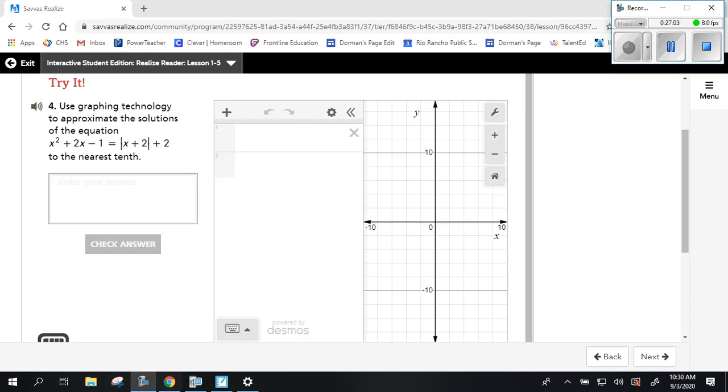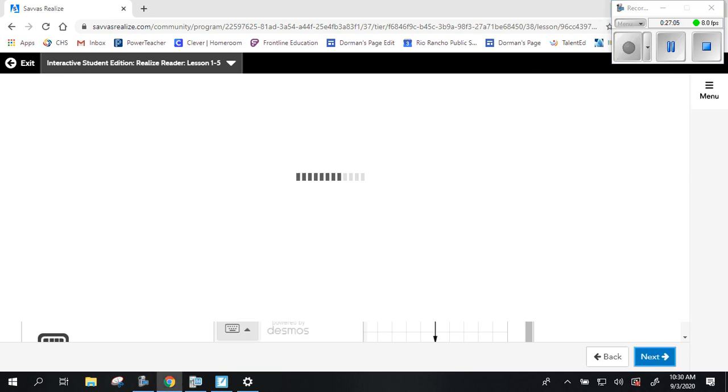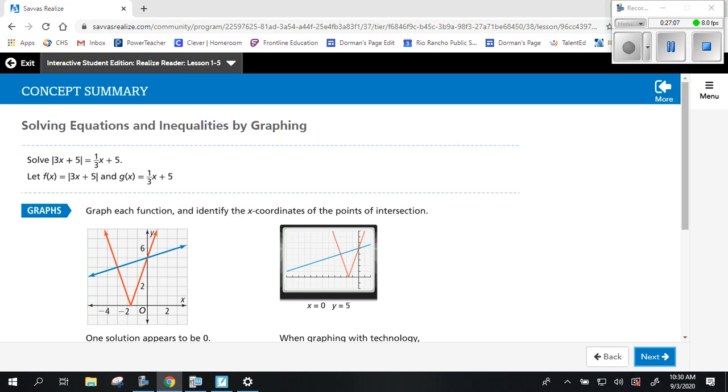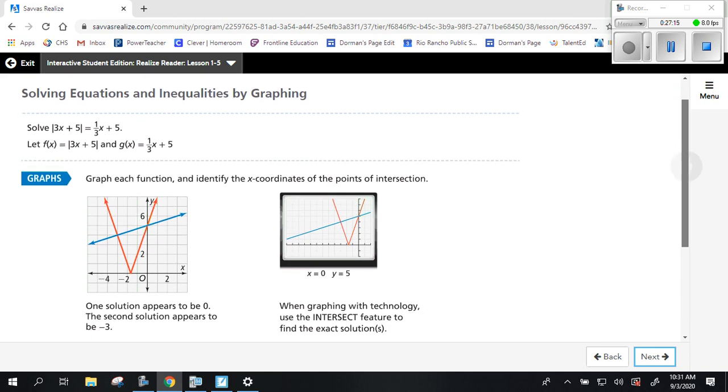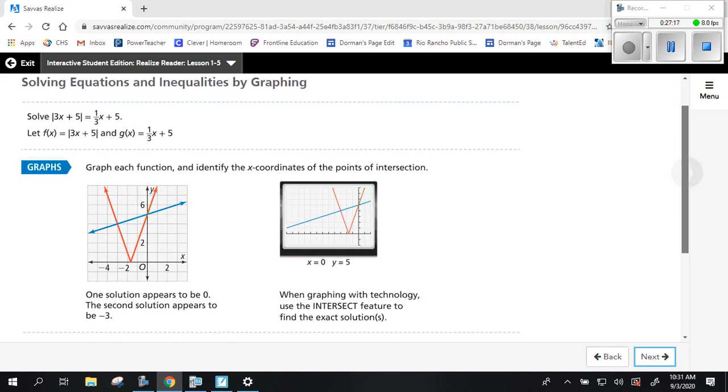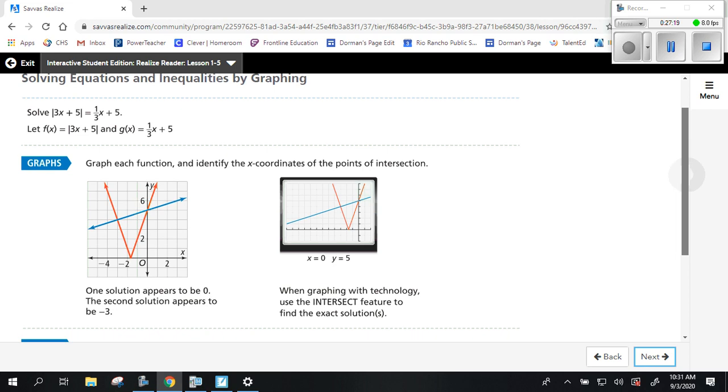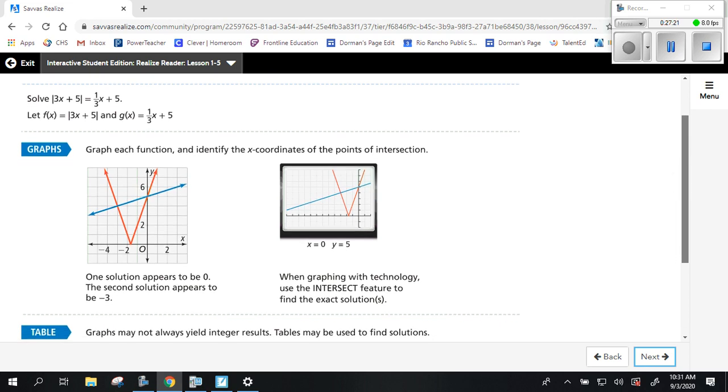And that concludes the lesson, everyone. So we have solved equations and inequalities by graphing. How do we do that? We would break them up into two different equations that we're going to graph, and then we would find the intersection of those two graphs.